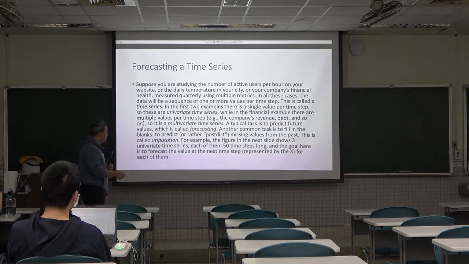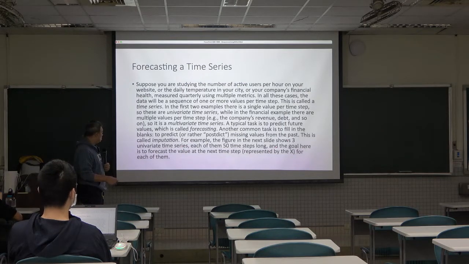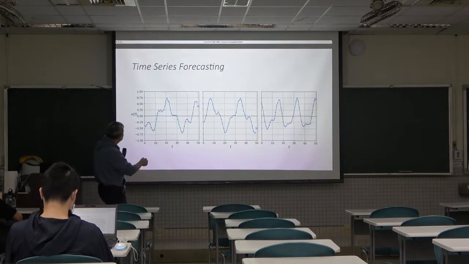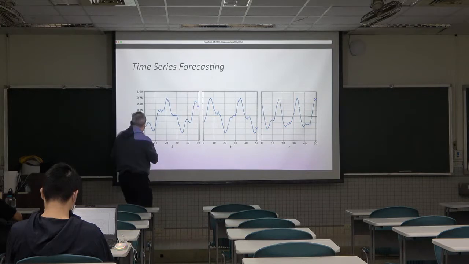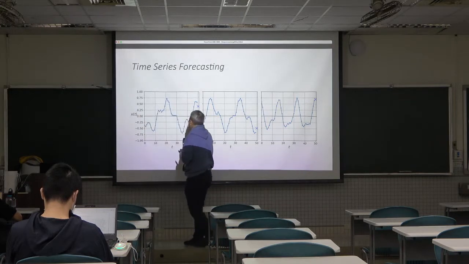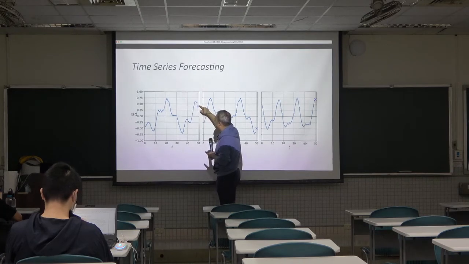For example, the figure in the next slide shows 3 univariate time series, each of them 50 time steps long. The goal here is to forecast the value at the next time step, which is represented by the x for each of them. In this time series you have the first 50 steps, and the one you want to predict is here.